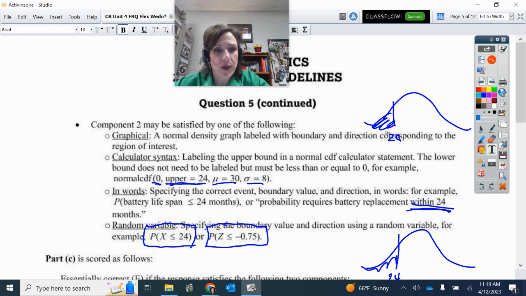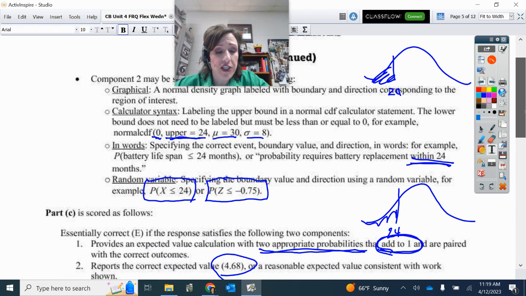See, I didn't do that. I didn't put that 24 or less. You could have used calculator syntax, which we're not doing. Okay, you could have used words. So if I had said probability within 24 months, I would have gotten credit for that boundary and direction.